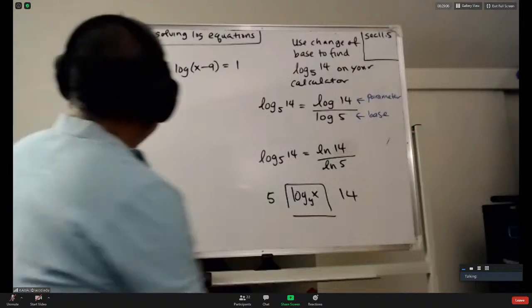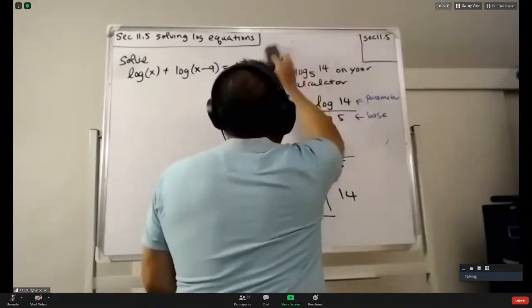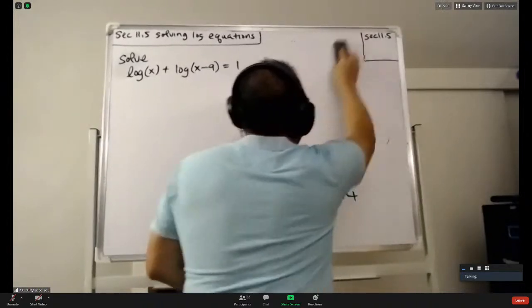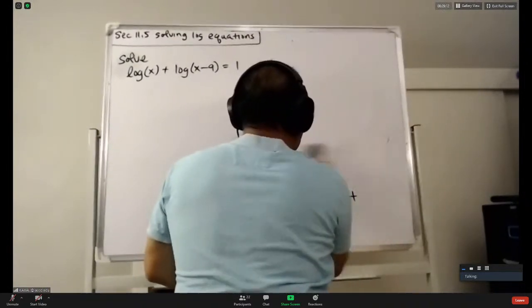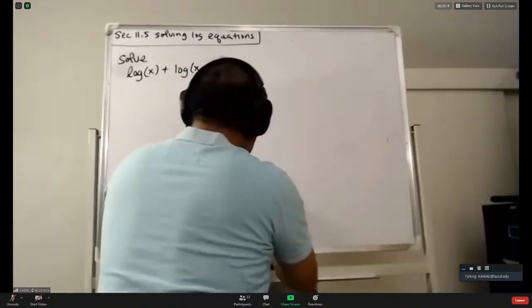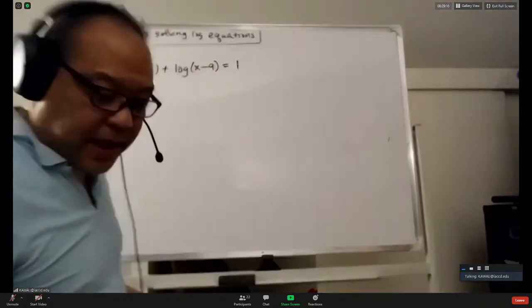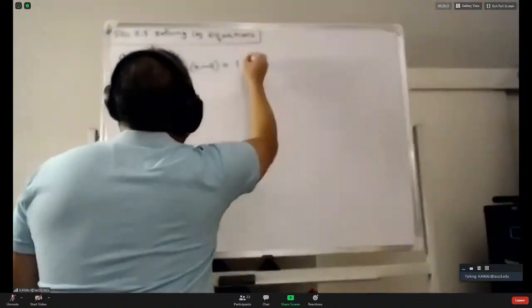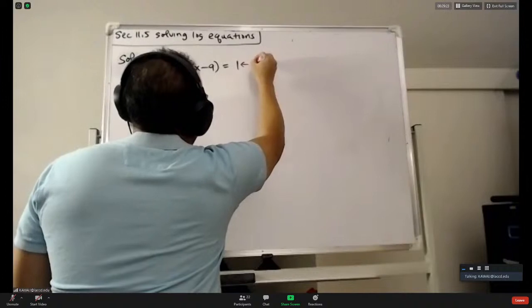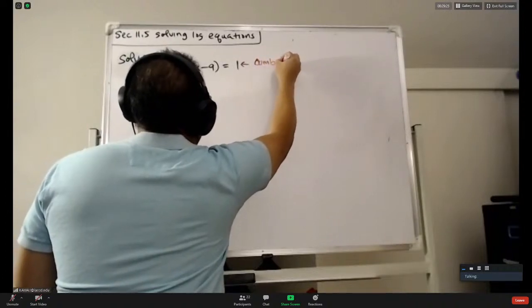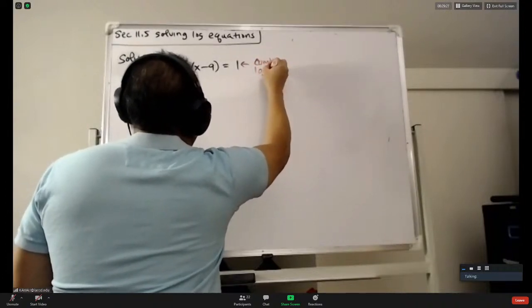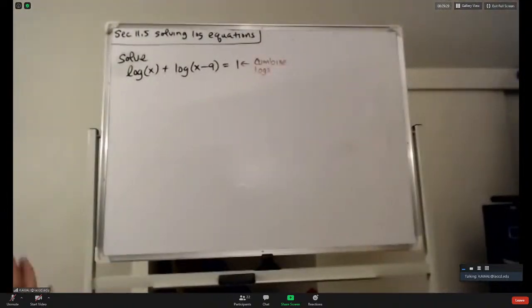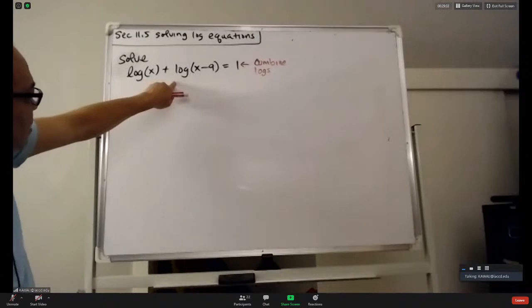I'm going to erase this side now. Okay. Now the problems that we work on today all have the same setup. So the first thing you want to do is combine the logs. That's always the first thing we do. So I'm going to combine these two together.